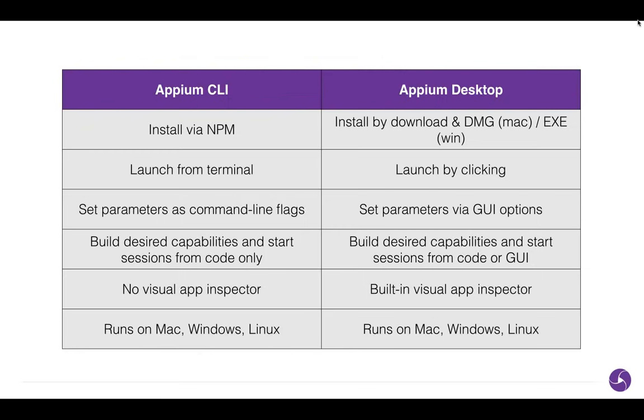That's sort of an app that we built on top of Appium that now comes with Appium Desktop. And happily, platform support is the same for both versions of Appium. They both run on Mac, Windows, and Linux. And of course, I'm using a Mac today for my demo, so you'll see the Mac version.